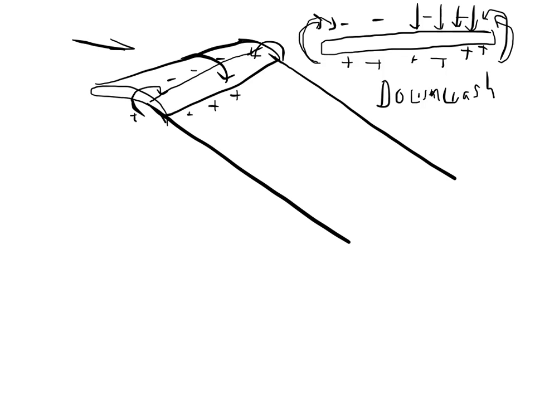Well, let's just cut the wing somewhere. I'm just going to take a section of the wing, say right here, and we're going to look at that from the point of view of it as an airfoil moving through the air. Something's going on with my pen here, one second. And we have an airfoil like this.